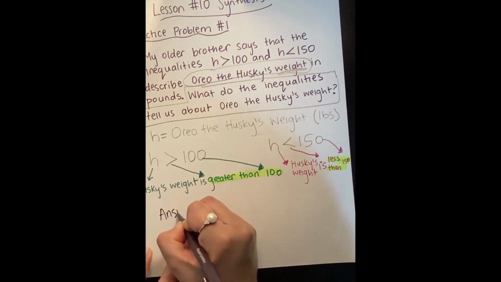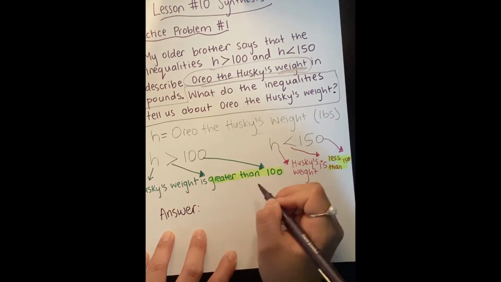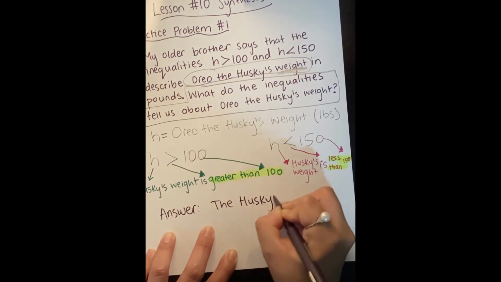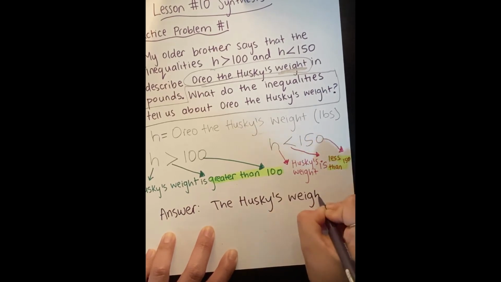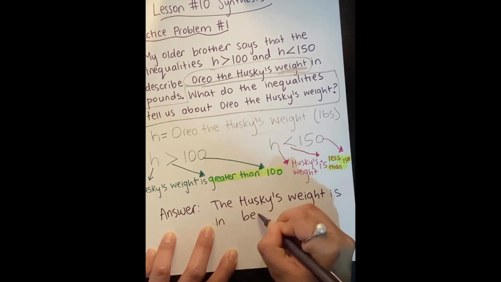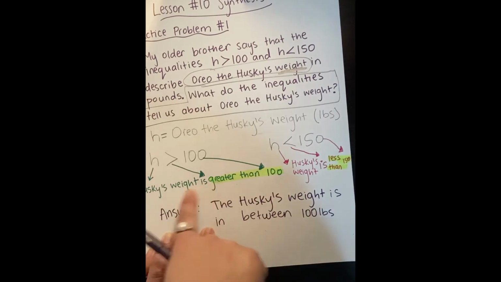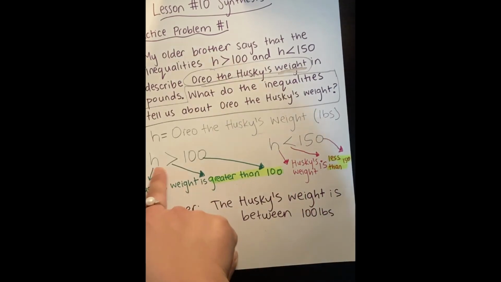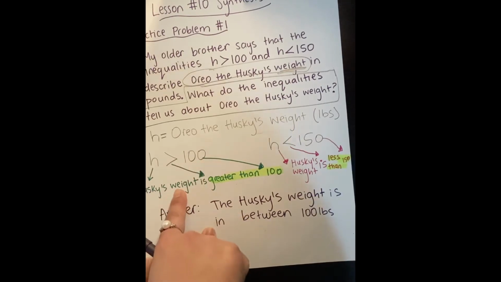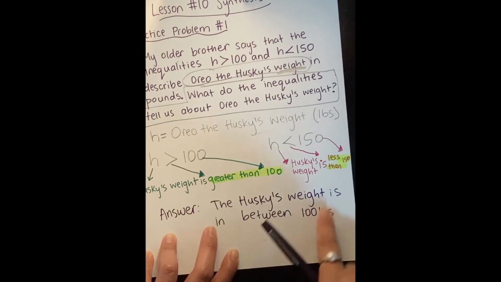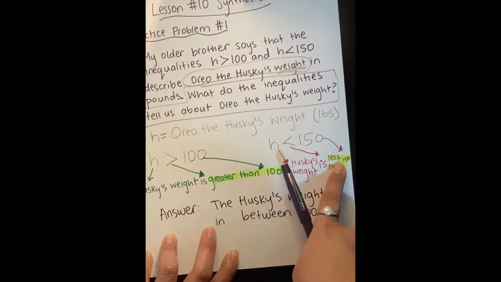So the answer is, Oreo the Husky, I'm just going to write the Husky's weight is in between 100 pounds, because the inequality in the problem says that his weight is greater than 100, so it's in between 100 and less than 150.